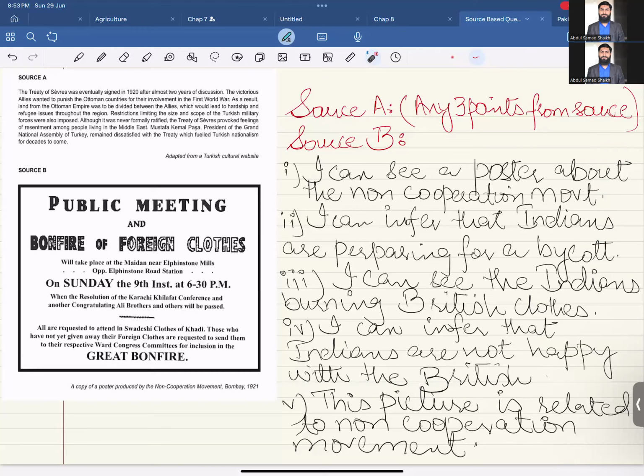You are going to find out that the same pattern has been prescribed by your examiner. ये एग्जामिनर का ही पैटर्न है जिसको मैंने यहाँ प्रिस्क्राइब किया है, तो इसको आप लोग देख सकते हैं. So this is basically answering the source-based questions, the problem of the students which has been resolved.